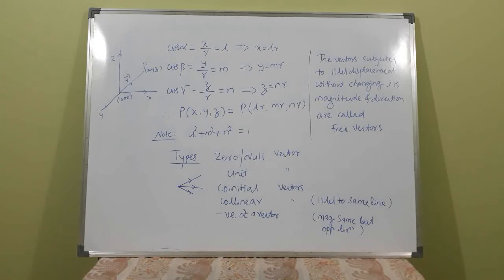We should not change magnitude and direction. Such vectors are called free vectors. Vectors subjected to parallel displacement without changing their magnitude and direction are called free vectors. So these are the concepts for your first exercise in this unit. Let us solve the exercise part, and some examples also.